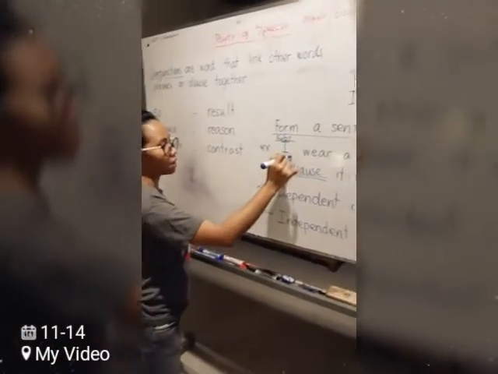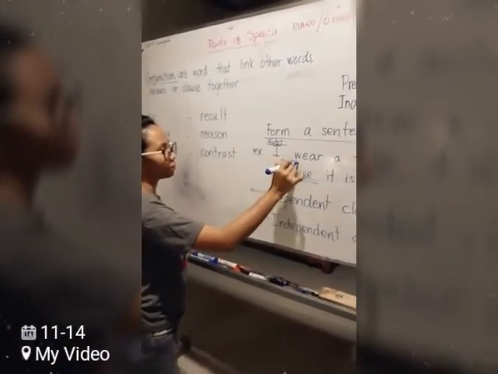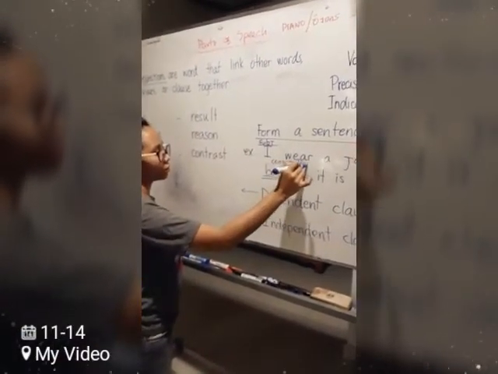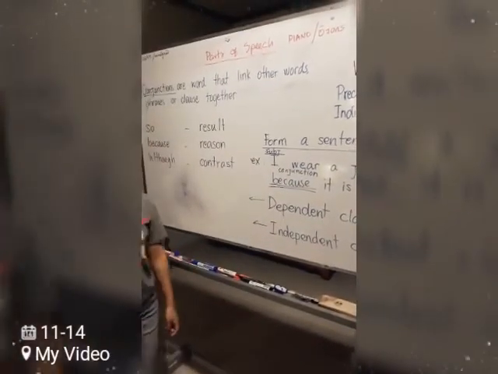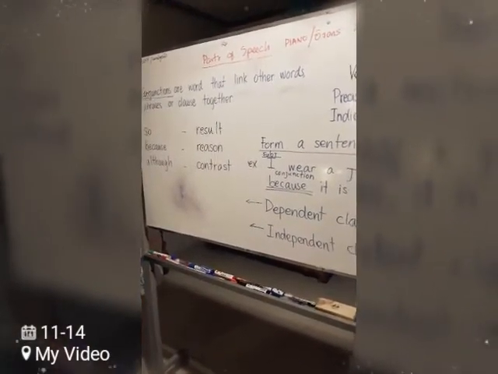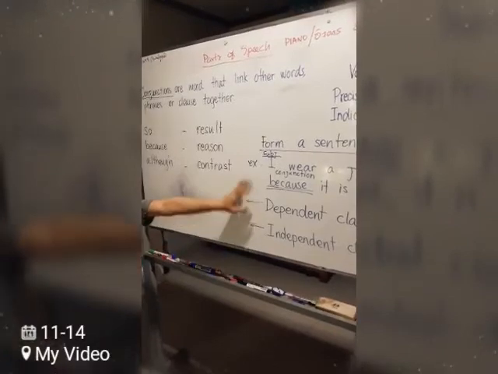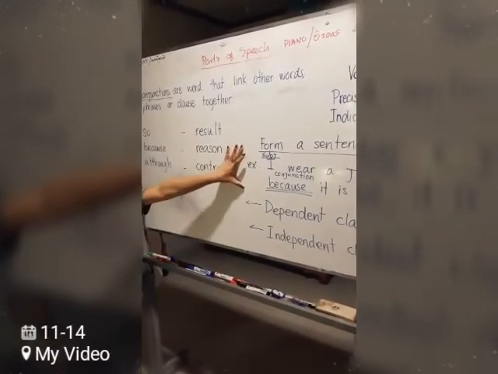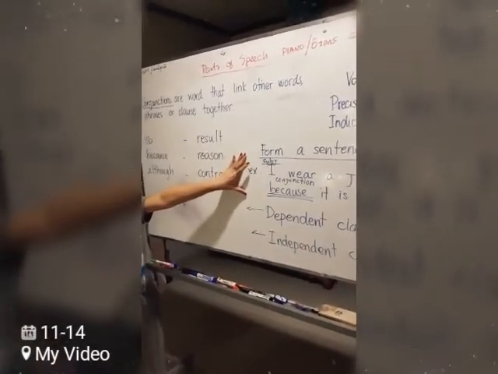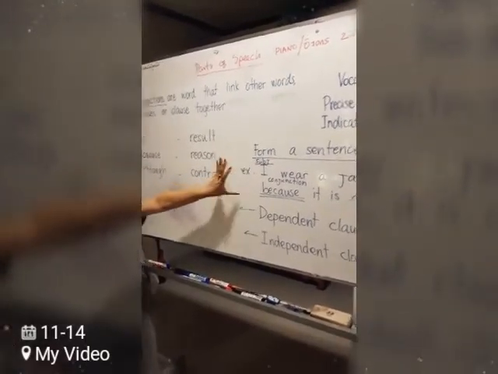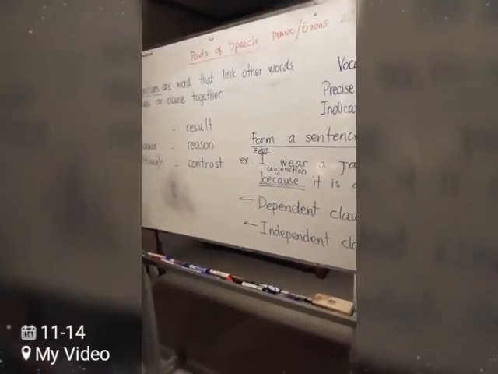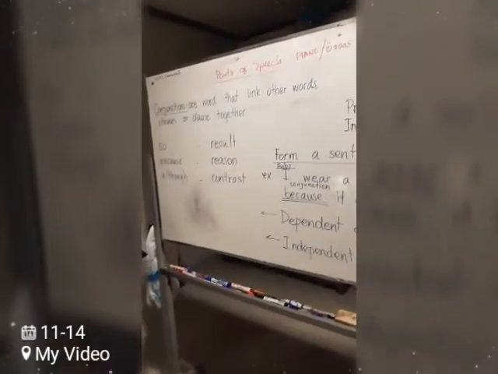And this is our conjunction. Now, in the sentence I wear a jacket because it is cold, which one do you think is our dependent clause? It means it cannot stand alone. What do you think?